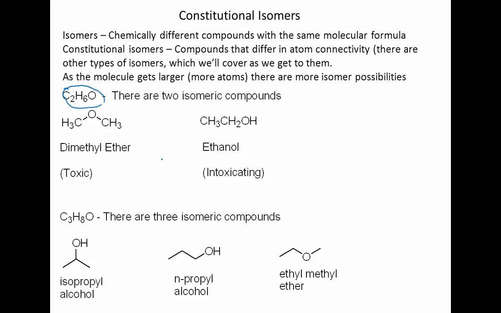Dimethyl ether, which is actually quite a toxic compound, and also a toxic but less toxic compound is ethanol. Many of you are familiar with this as the intoxicating ingredient in alcoholic beverages, so I say that dimethyl ether is toxic, whereas ethanol is intoxicating.